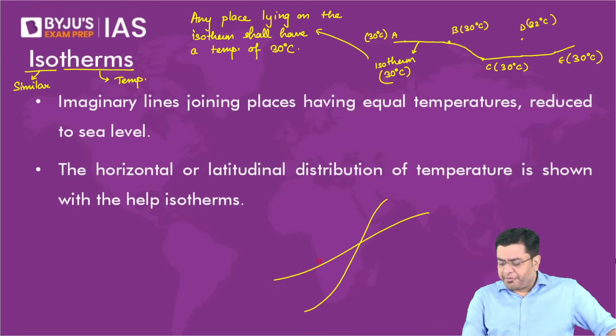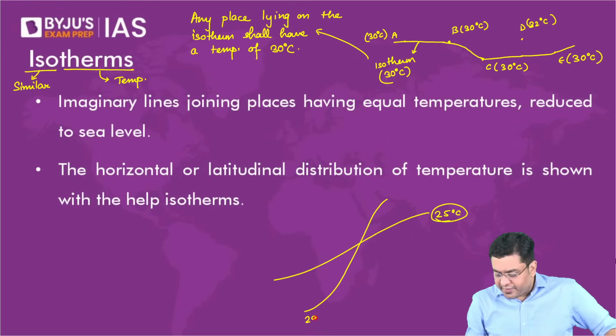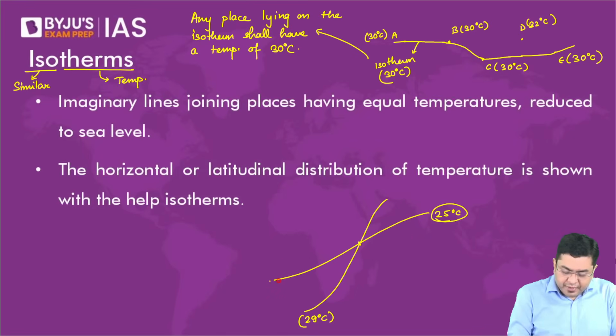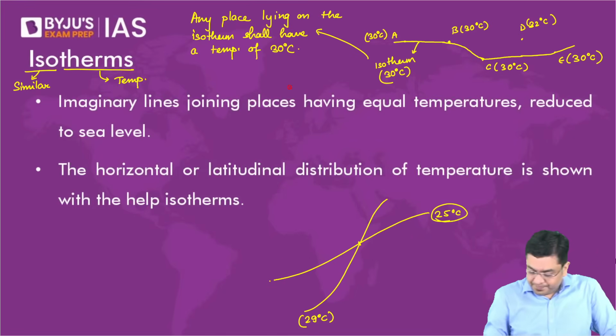So let's suppose this is the first isotherm. Let's suppose this is a 25 degrees Celsius isotherm. And let's suppose this is a 29 degrees Celsius isotherm. Now, let me use different coloration so that it is clearer.